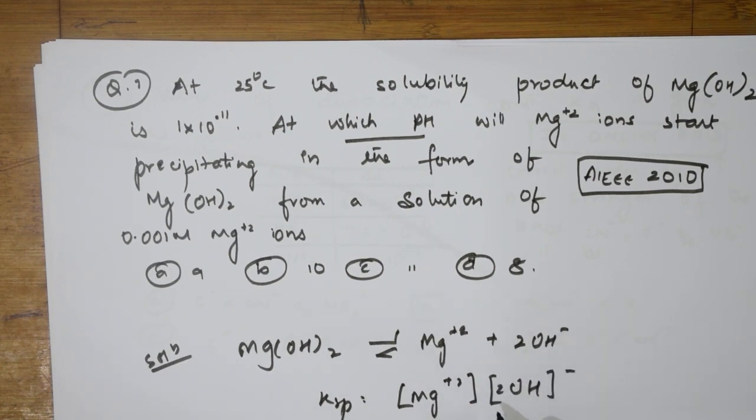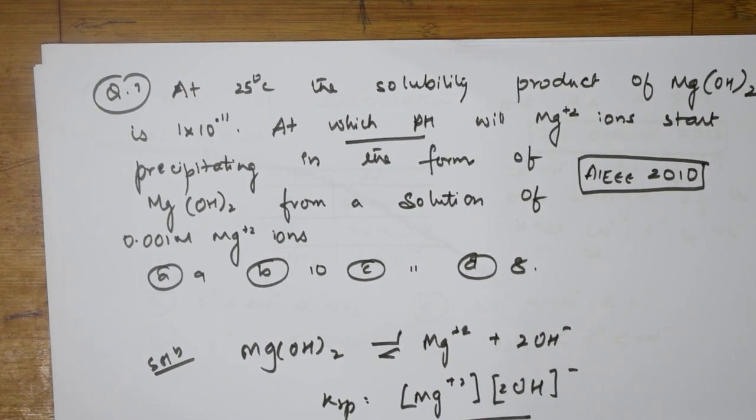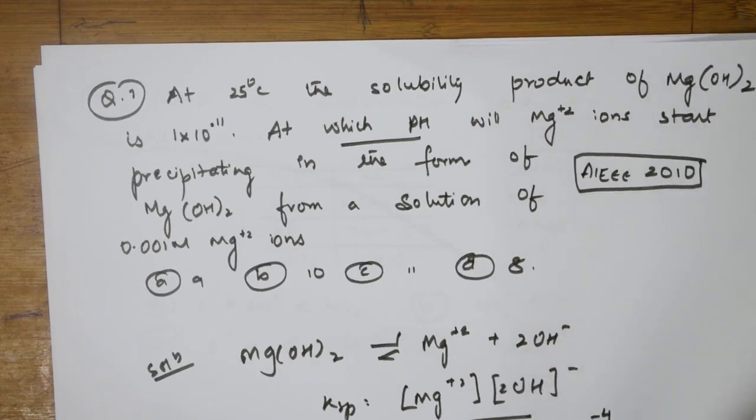So I need to find this, isn't it? Okay, let us take this out. OH minus is equal to square root of KSP divided by Mg+2 ion. How much is this equal to? This is equal to 10⁻⁴. Done. So now I should find POH also.